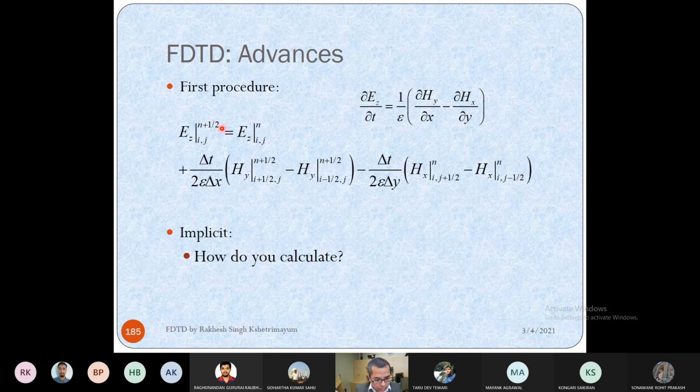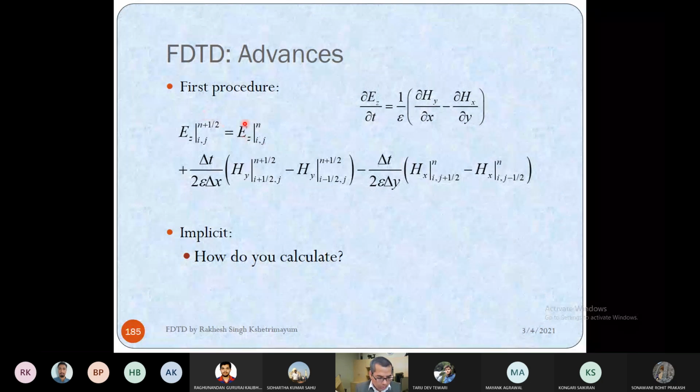So I calculate Ez at n plus half at location i comma j is equal to Ez at n, i comma j. So this is the Ez of the previous time instant. If I want to find Ez at the n plus half time instant, I need the Ez of the previous time instant at the same location. Then you have these terms which are dependent on Hy and Hx. When you take the partial derivative of Hy with respect to x, Hy is calculated at the center of the faces in the xz plane, so at i plus half.